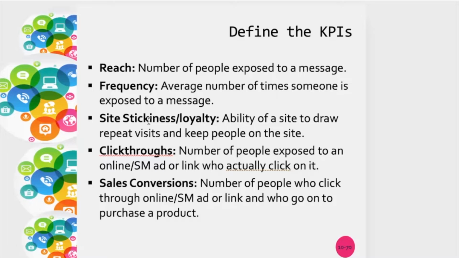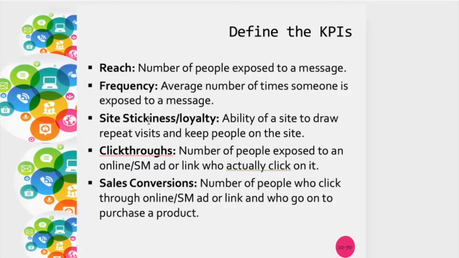And finally, most important are the sales conversions, which are the number of people who click through online or on a social media ad and who actually click through and purchase the product. So if you have 100 click-throughs and only 50 sales, then your sales conversion would be 50%. 50 who bought divided by 100 customers who click through.